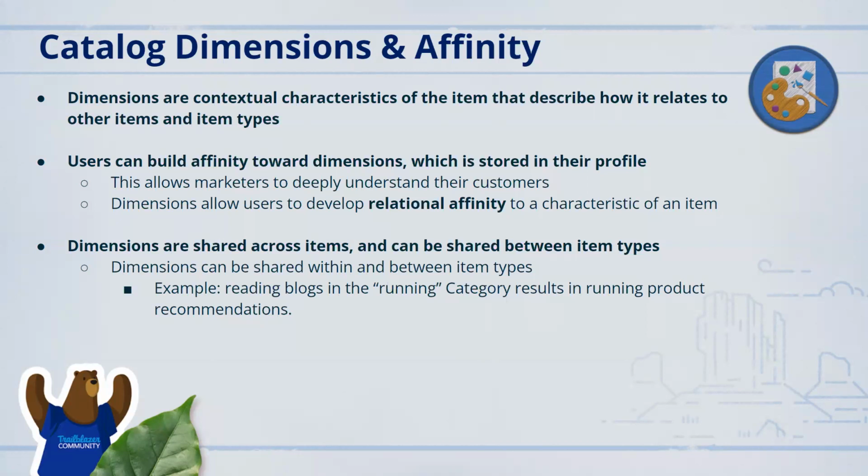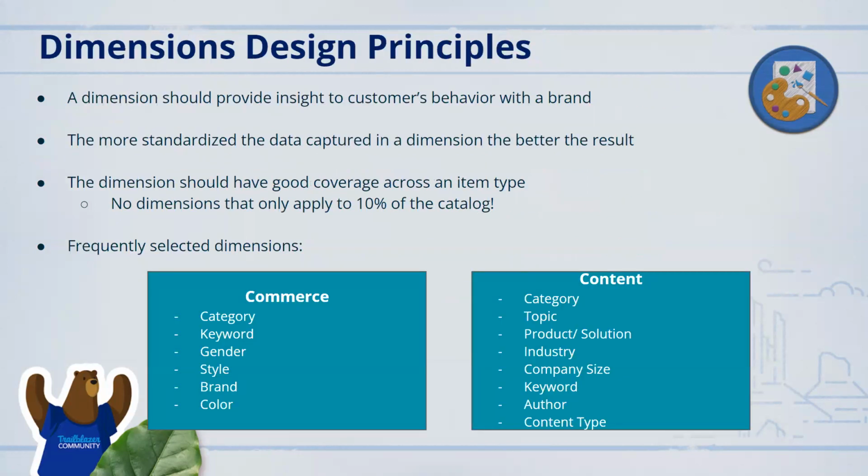When figuring out what dimensions you need in your catalog, there are a few things to keep in mind. Dimensions should help provide context or insight into user behavior with your brand. The data captured for dimensions should be as standardized as possible, since those dimension values serve as their own IDs. For instance, having an uppercase and a lowercase version of a dimension value is an example of an unstandardized dimension value.